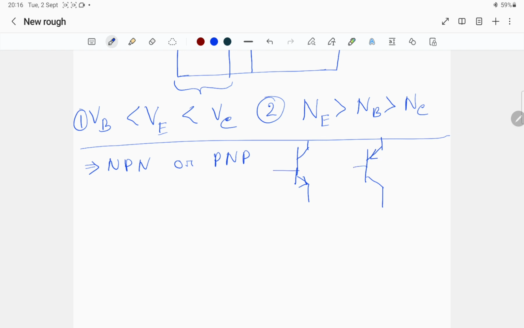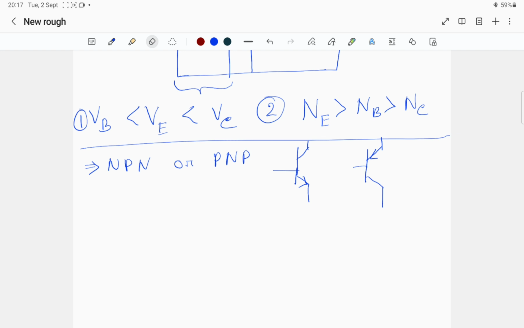Now if you just look at the arrow, what you can see is that the arrow represents the direction of current when emitter and base is forward biased.